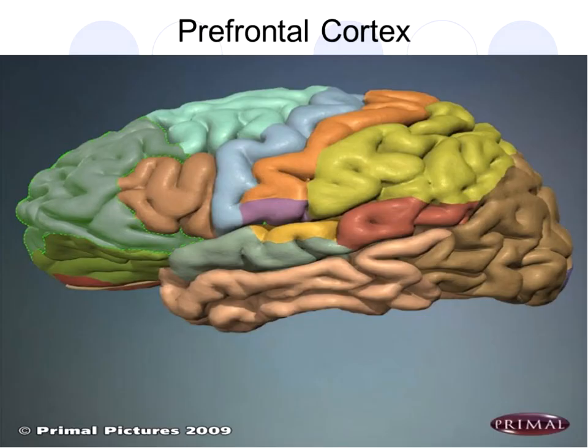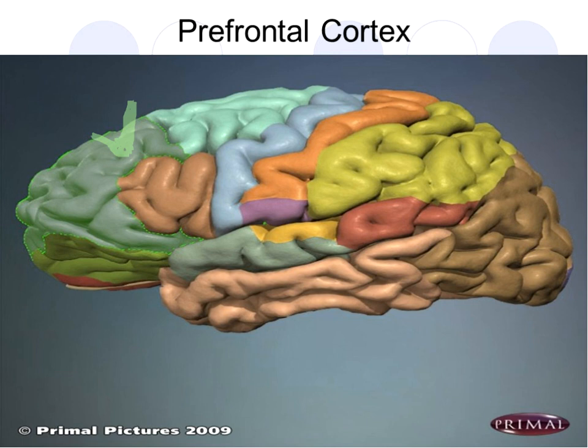So this area outlined in green is the prefrontal cortex. This is also called the language or the cognitive cortex, because all of your cognitive functions, so it's areas 9, 10 through 12.